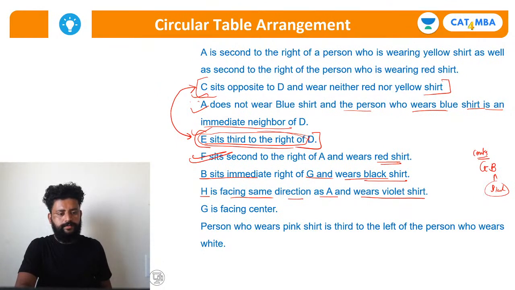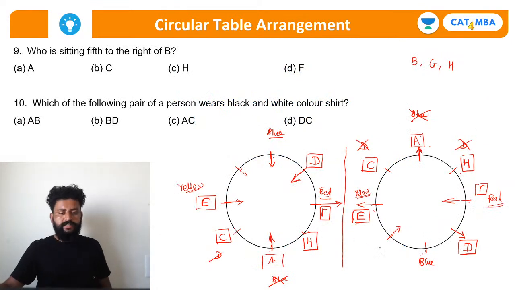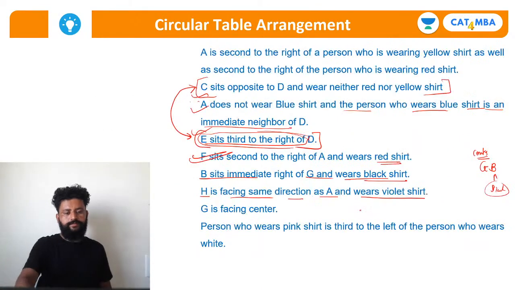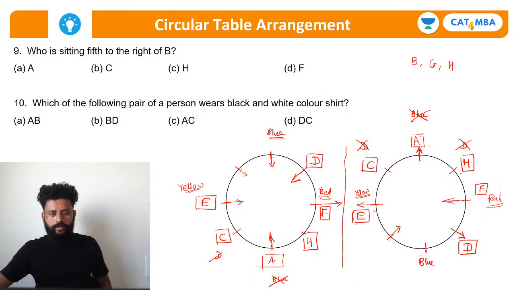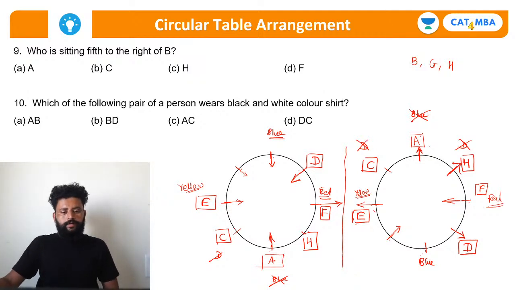G is facing center and B sits immediate right of G. Okay, sorry. B sits immediate right of G. So H must be facing outside.